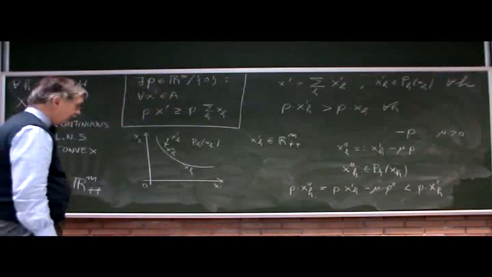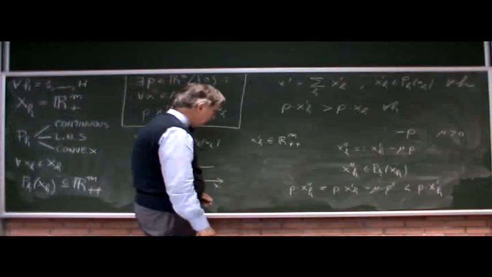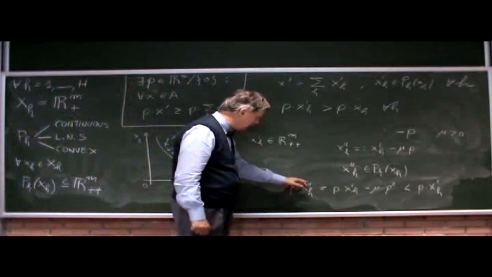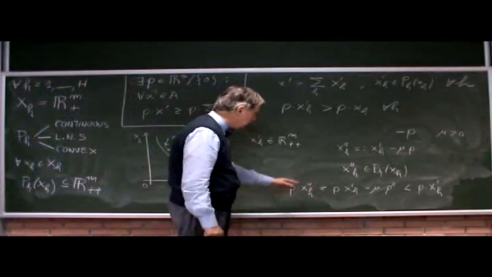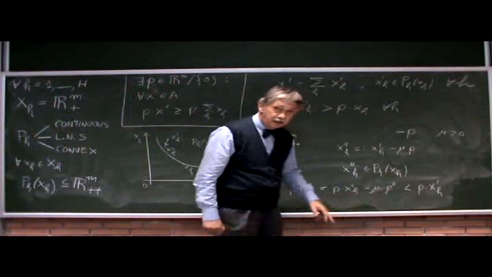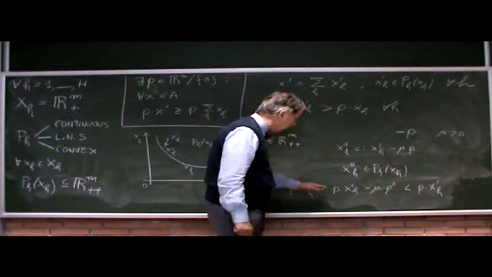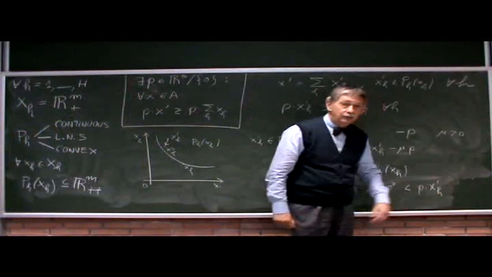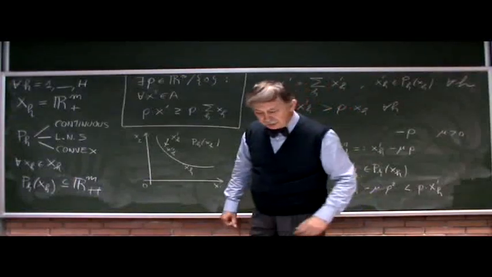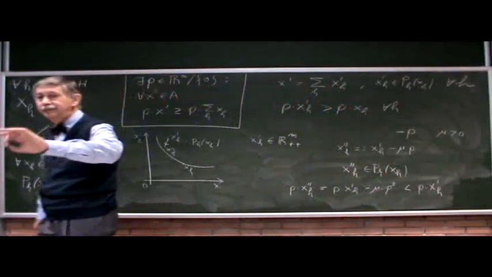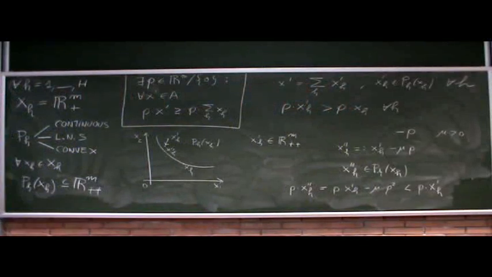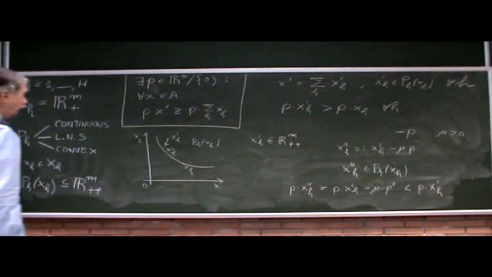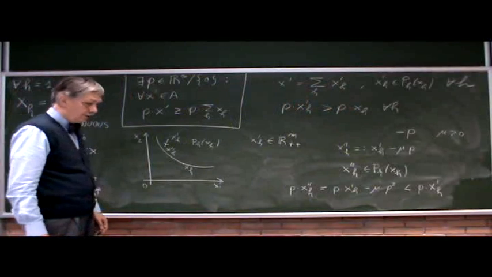In other terms, in this way, you obtain a bundle x double prime h, which is preferred to xh as well, but it has a lesser value than x prime h. This is a fundamental step in the proof. Well, I shall repeat.